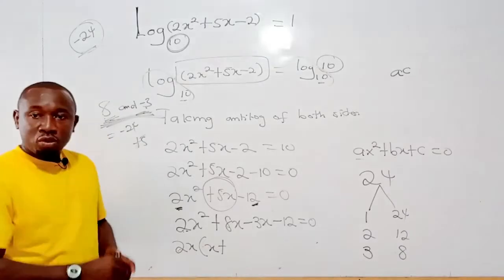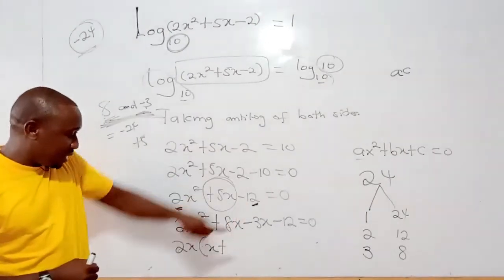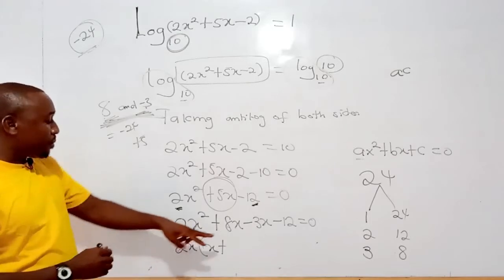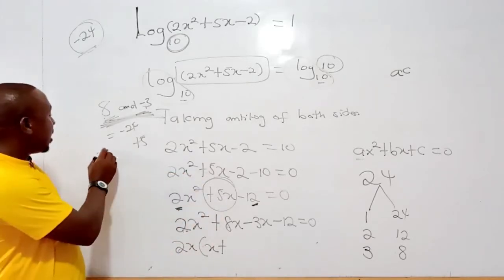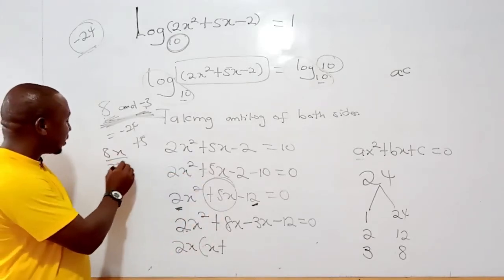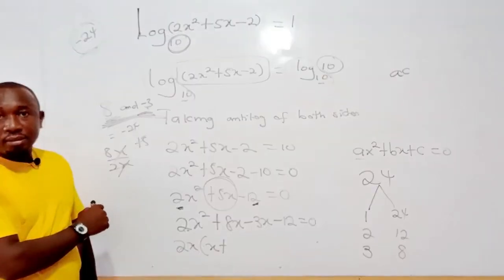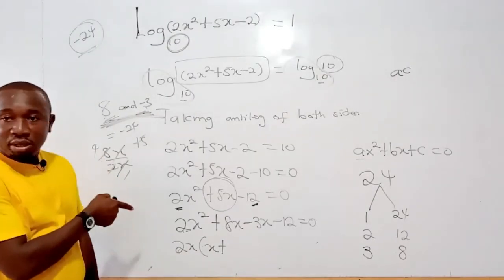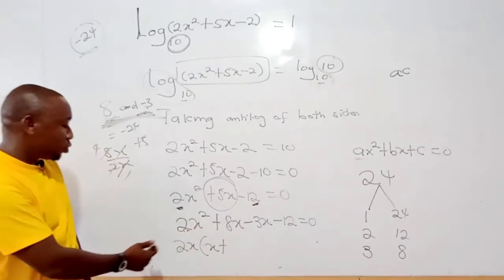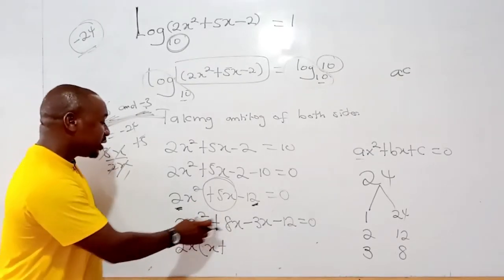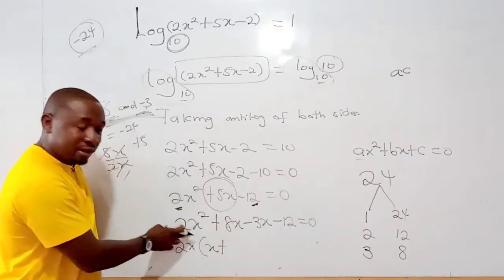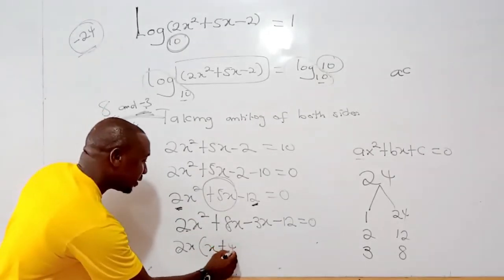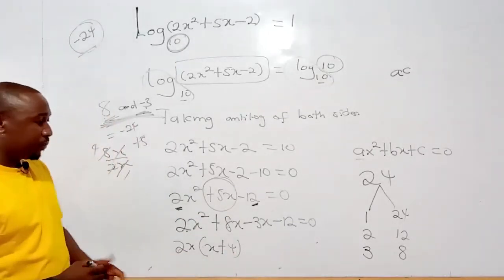Plus, you still do your division: 8x divided by 2x. The x will cancel the x, and 2 goes into itself 1, into 8, 4. So that is the meaning. By getting the factor out, you divide these terms by the factor that is outside the bracket. So we'll be having 4 here.